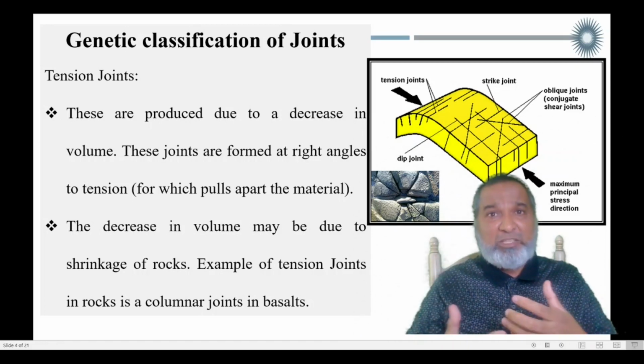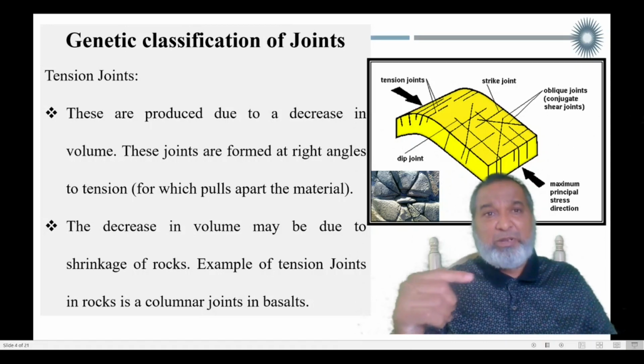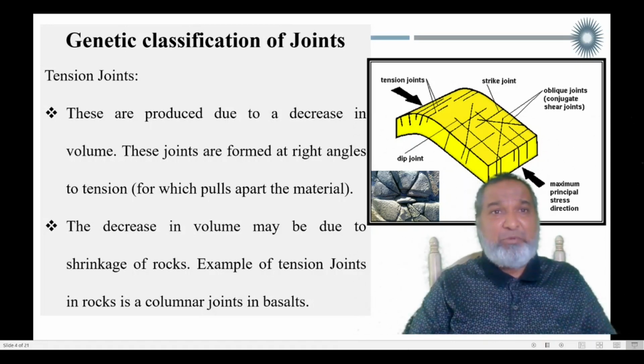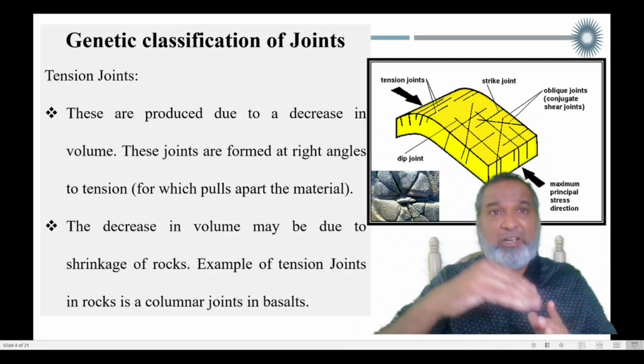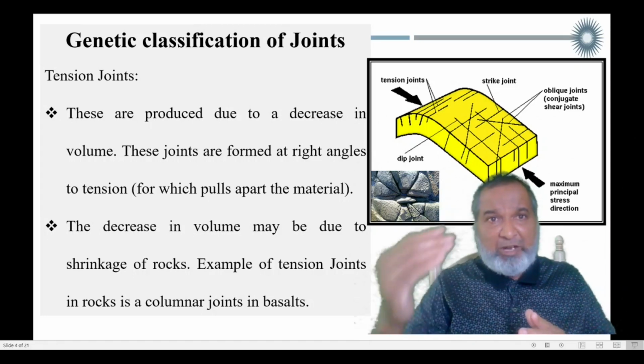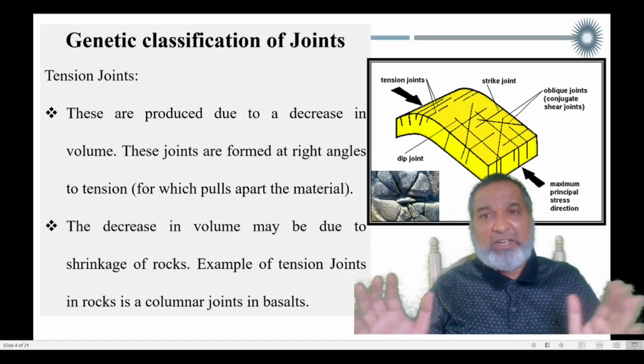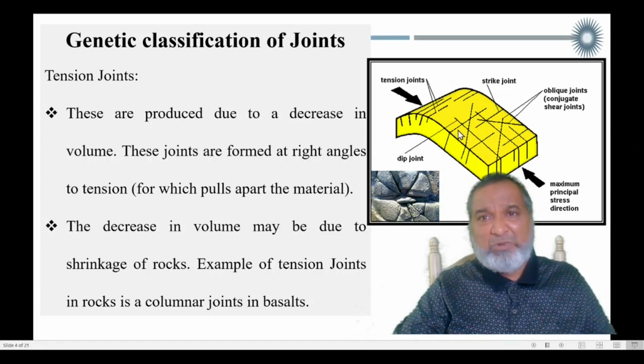That means the rock has gone under elastic and plastic deformation, and due to that, the sedimentary rock has been bent. A bending type of structure has been formed, whether it may be an anticline, upward arching, or downward arching. Here we are showing you that the bend has taken place.